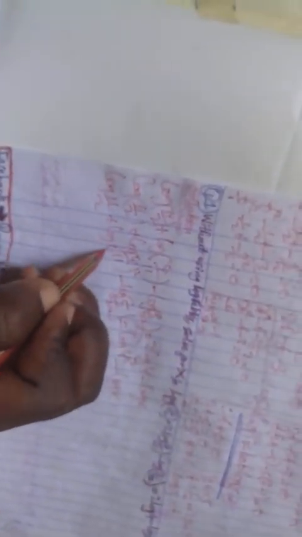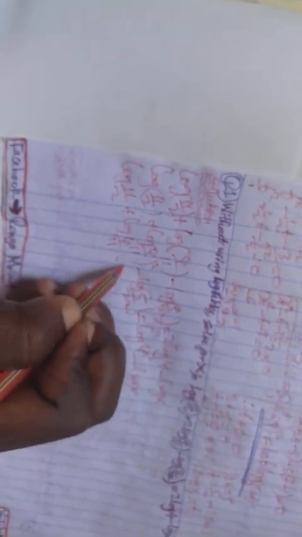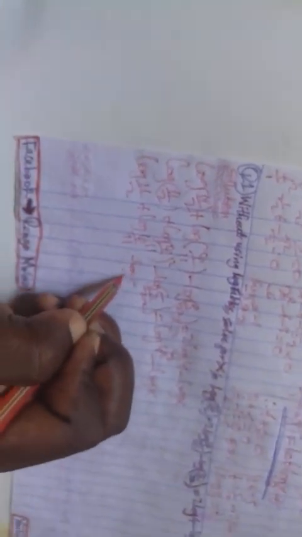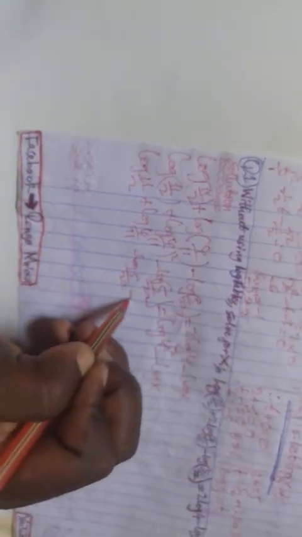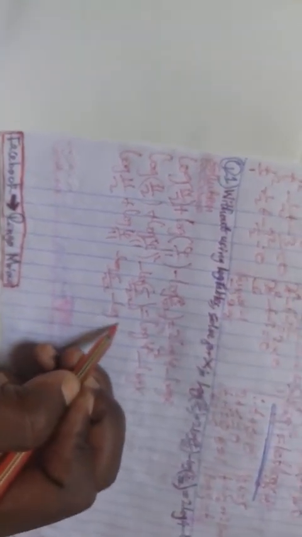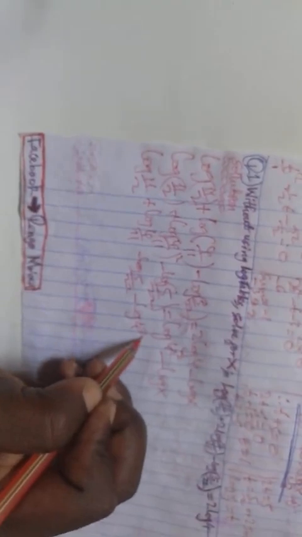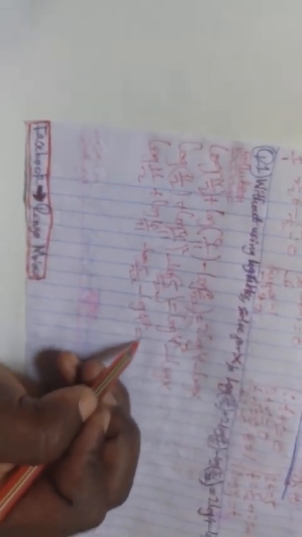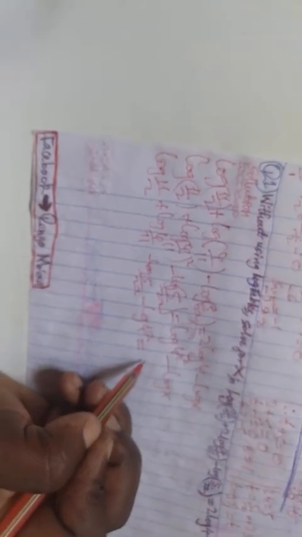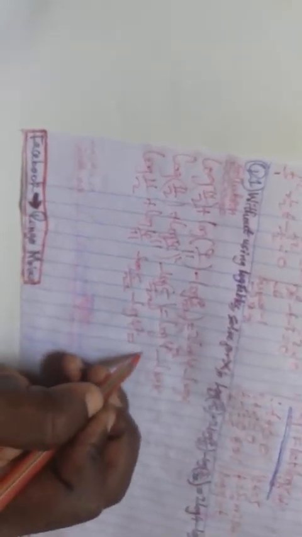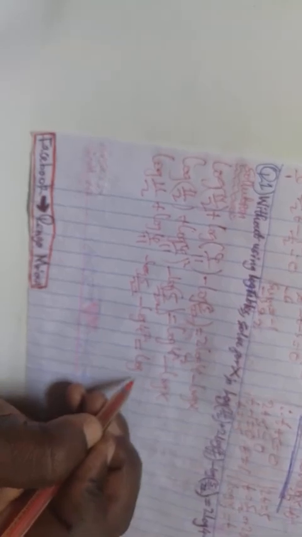This will give us log 11/2 plus log 4/11 minus log 5/22 minus log 4 squared is equal to log x.